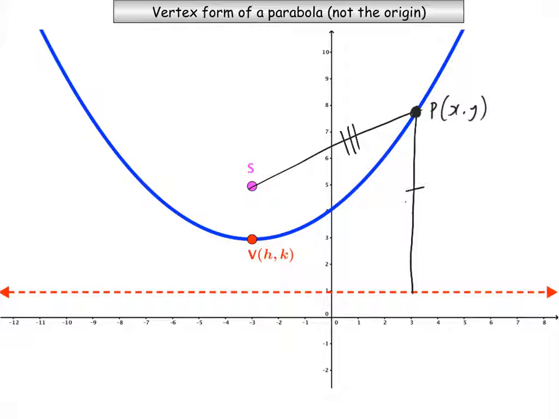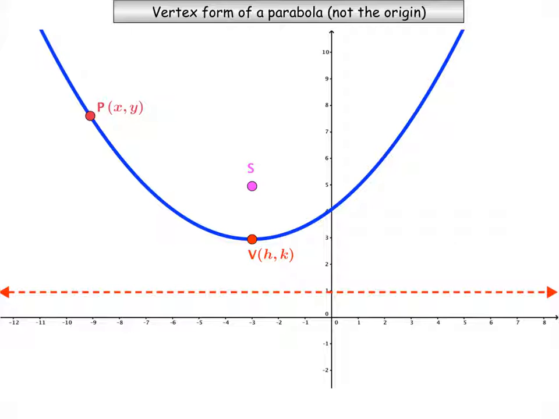Don't forget the right angle. That was the definition of a parabola, where a point P is equidistant from a fixed point, which is the focus, and from the directrix. Alright, so point P slides anywhere. There's our equidistant relationship.